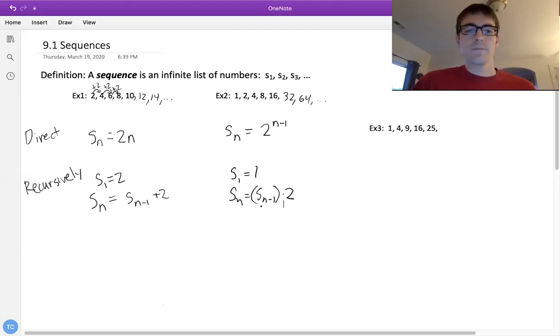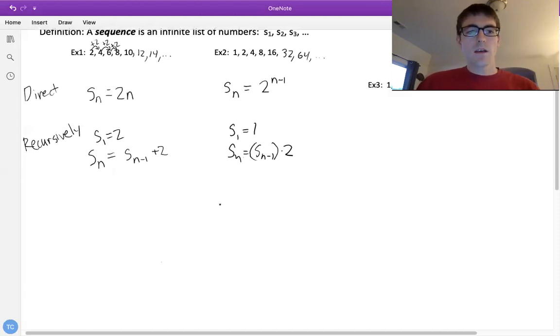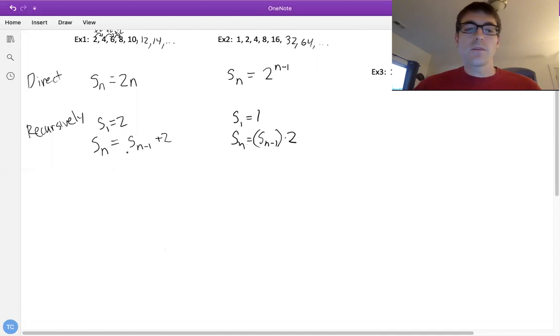Cool. Okay, so one last way of talking about these is that we could graph them. So we could take this sequence and plot these numbers on our x and y. So our x would be our n, basically which term it is.